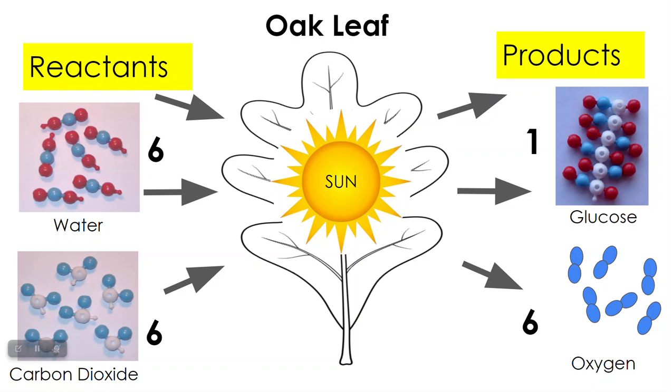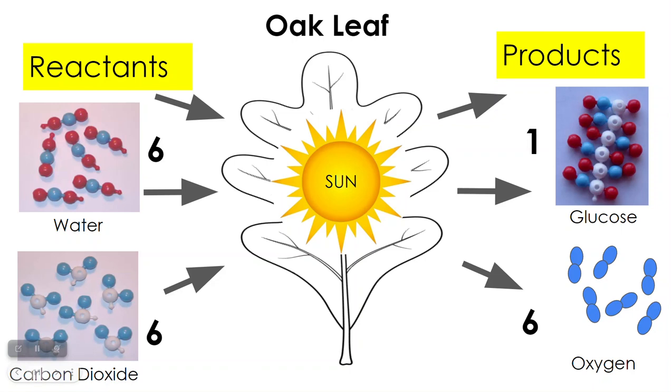And then we used energy from the sun to create one big hunker glucose molecule and 6 different oxygen gas molecules. So oxygen likes to be paired up, so we took our leftover oxygen atoms and let them be paired up and happy, and this is what we ended up with, was 1 glucose molecule, 6 oxygen molecules.